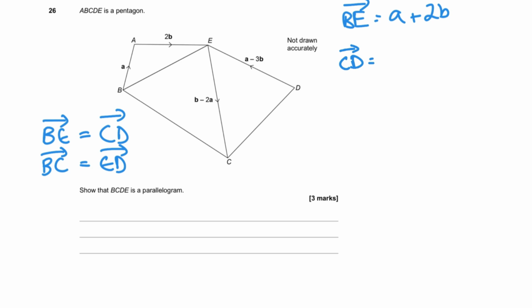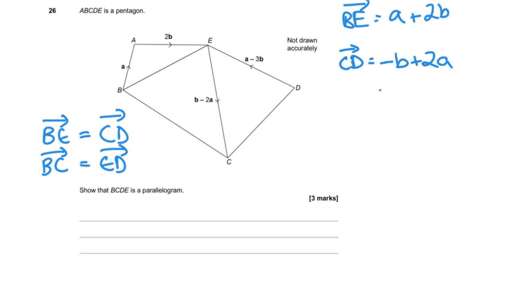So CD, we can't go straight down that line again because we don't know anything about it, so we're going to have to go via point E. So from C to E, we're going B minus 2A but we're going in the wrong direction. So from C to E is minus B plus 2A. And then E to D, we're going in the wrong direction again.